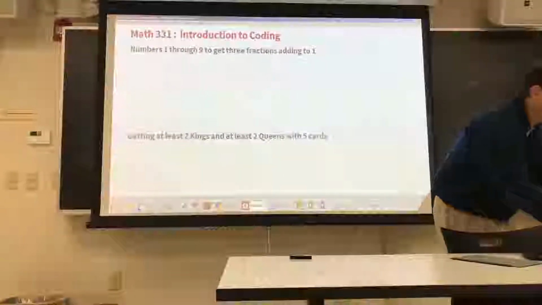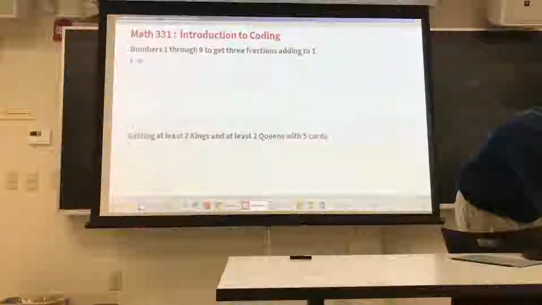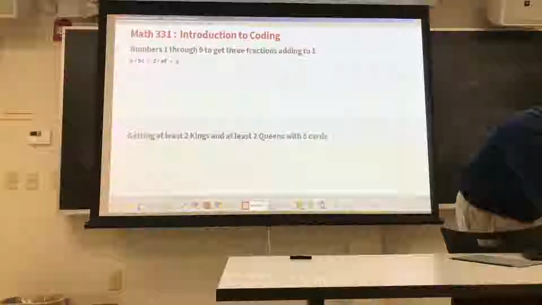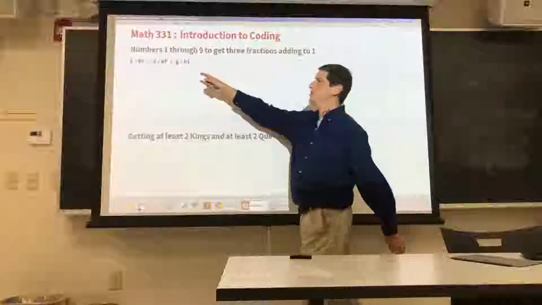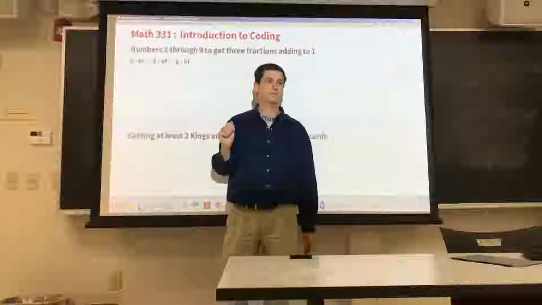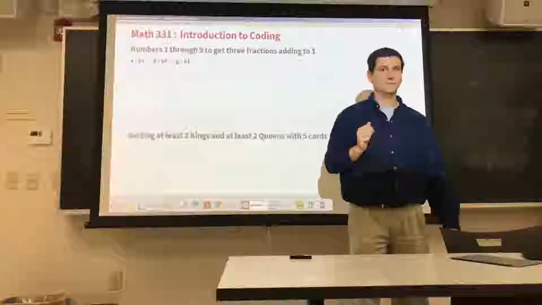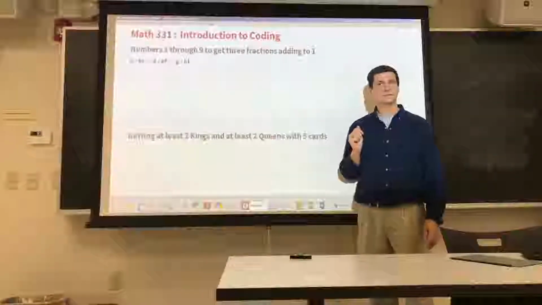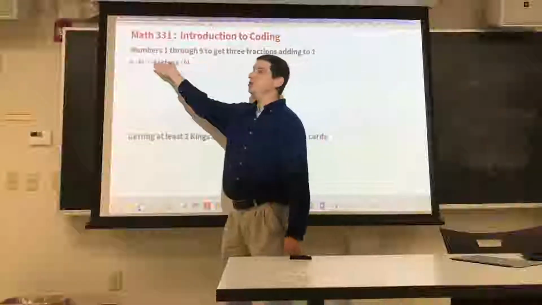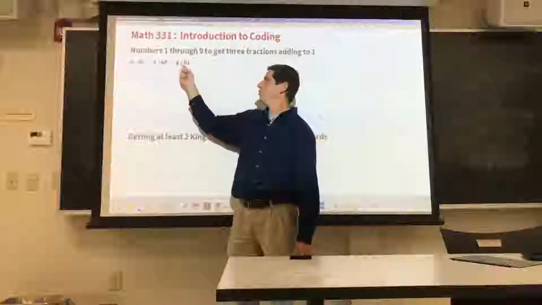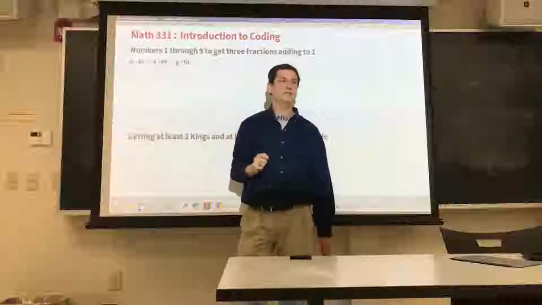So I'm going to have things of the form a over bc plus d over ef plus g over hi. Why can I assume that either a, b, or c is 1? Yeah, each number occurs once and only once. So if the 1 is in this fraction, we'll just reorder that and have that first.